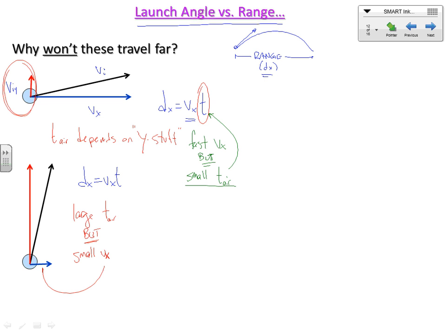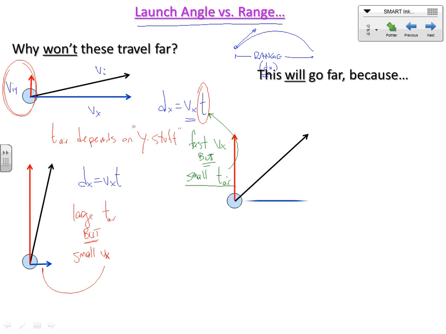Okay? But this one, it will go nice and far because here are our components of velocity. Now notice, the horizontal component of velocity here, vx, is not as big as this one, right? And viy here, which links to our time in the air, is not as big as this one, but the mix of them is nice, right?